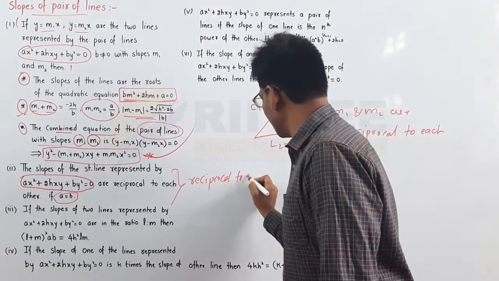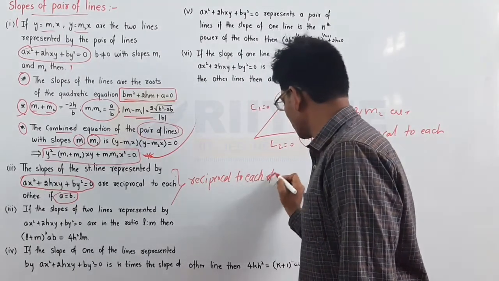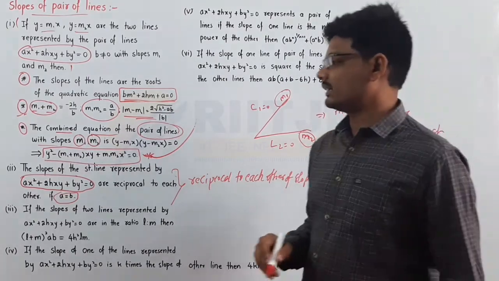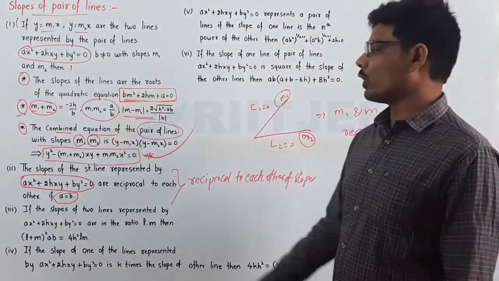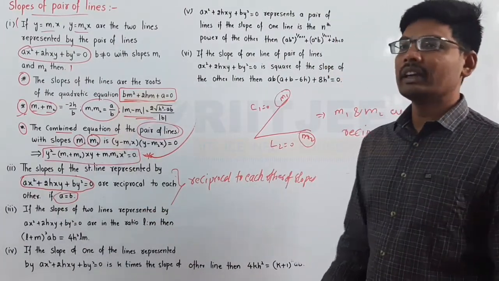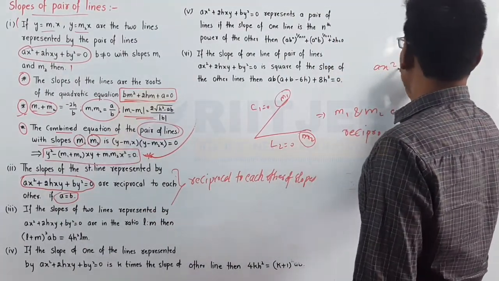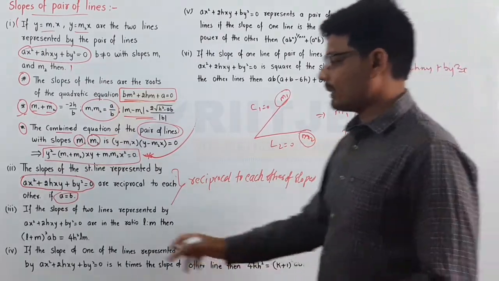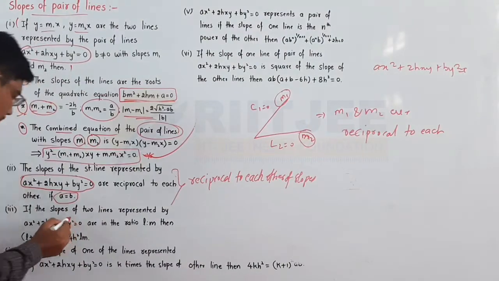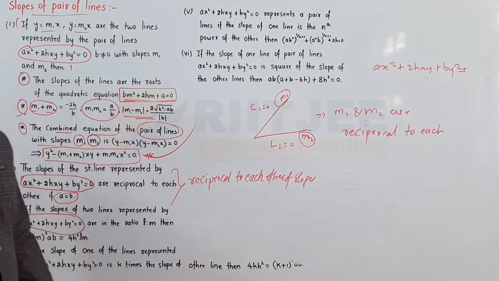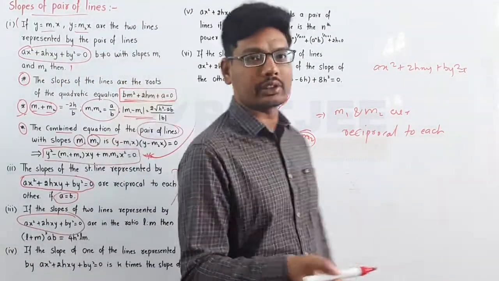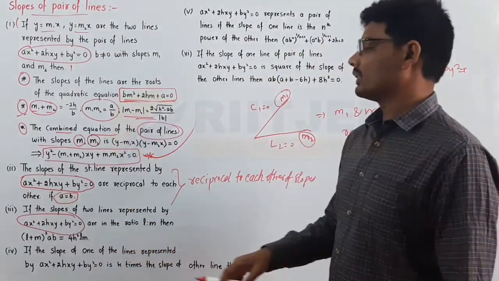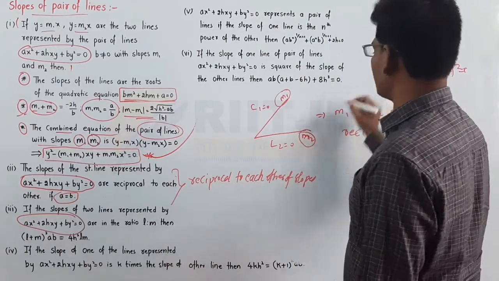And the next point is, if the slopes of two lines represented by ax square plus 2hxy plus by square is equal to 0, this is the pair of straight lines equation, a combination of two lines, that is L1 is equal to 0 and L2 is equal to 0, and the slopes are in the ratio of L is to m.